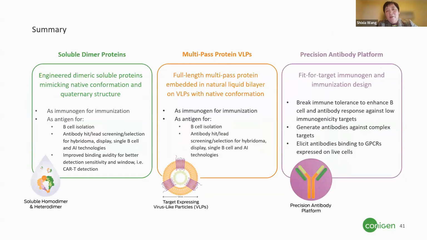In summary, the take-home message is, first, conformational proteins are very important and can be very useful for antibody discovery success.